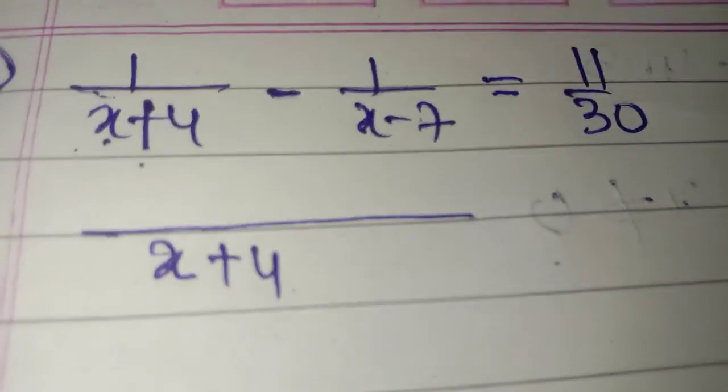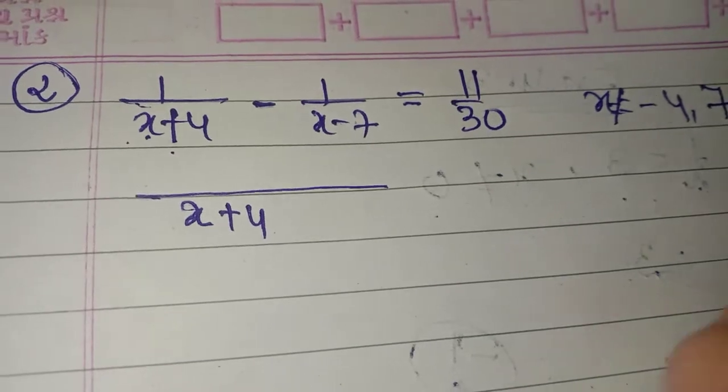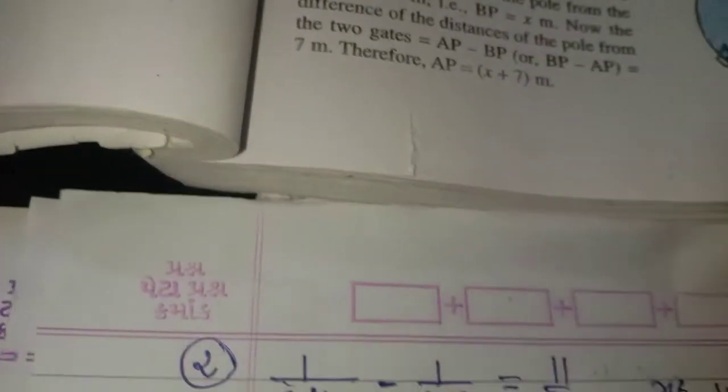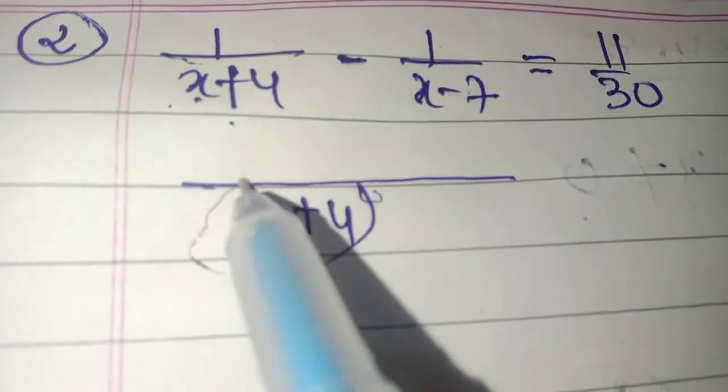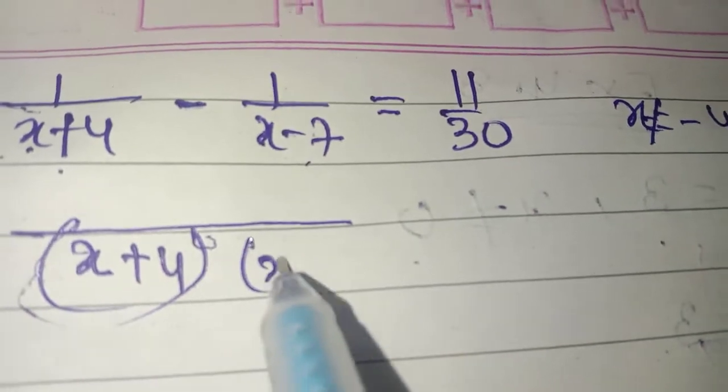How to take LCM? Let me explain. It is x plus 4 and the next one is x minus 7.